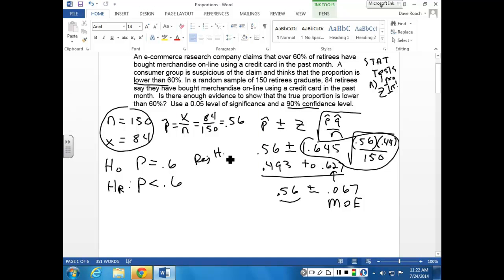Reject H0 if z-test is less than minus 1.645. That would be our decision rule.